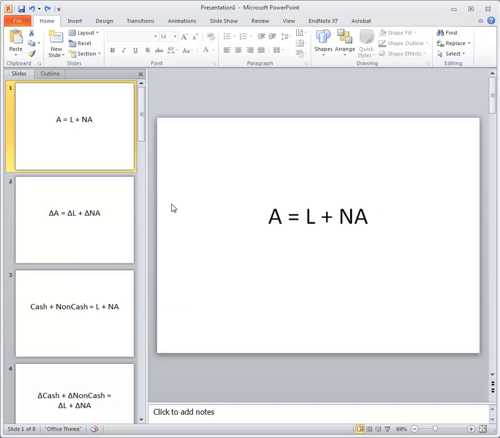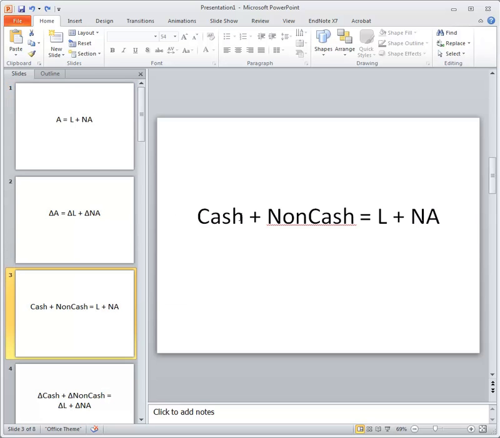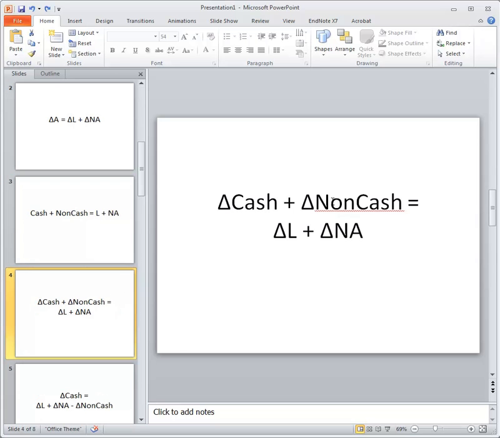All right. If we go back to the fundamental equation of accounting, we could also write it this way. Cash assets plus non-cash assets are equal to liabilities plus net assets. This is just dividing the asset category into two classifications. So that means we could also write this formula out this way.